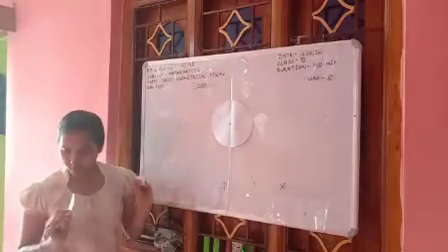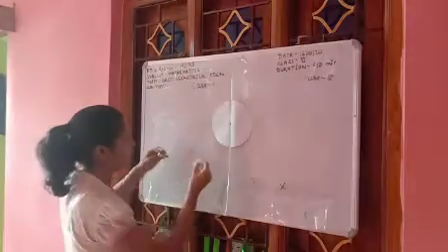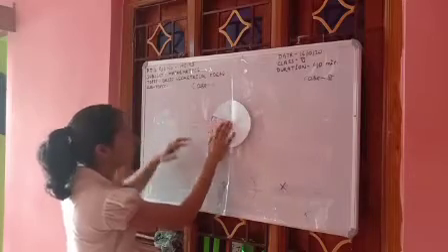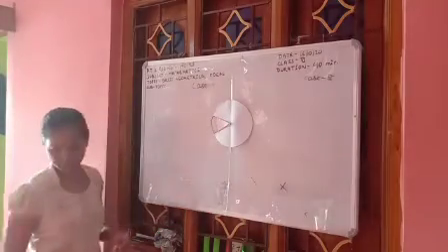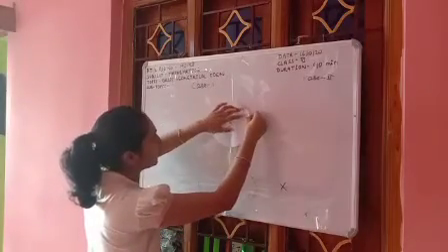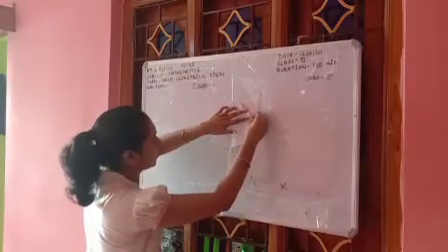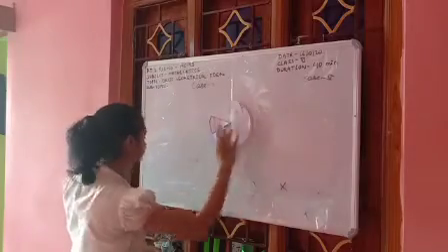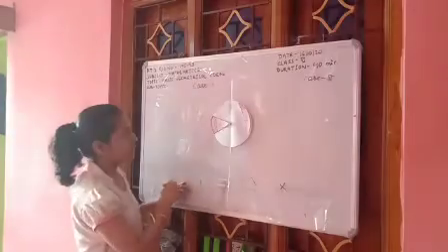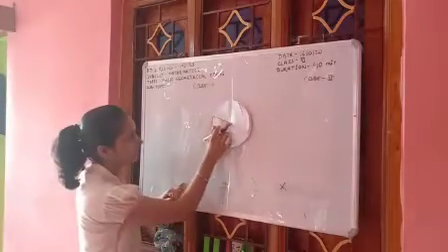Parts of a circle. Look here. This is a part of a circle. This is also a part of a circle. See this part here.